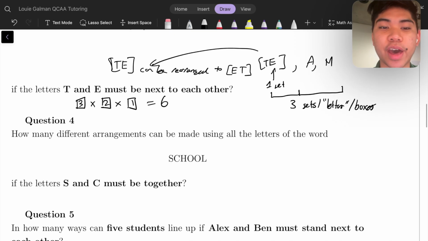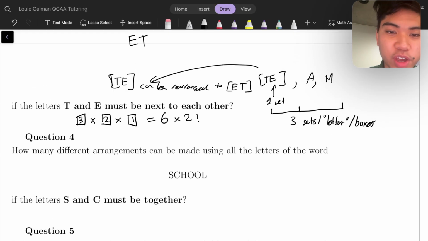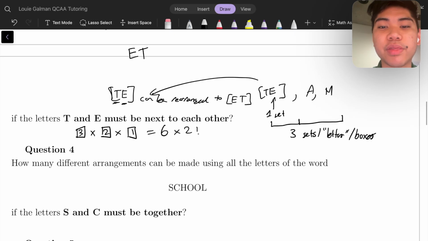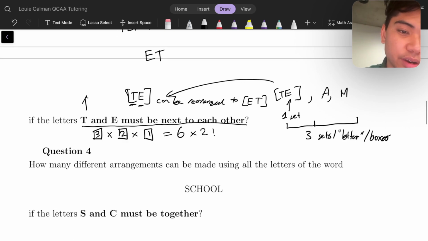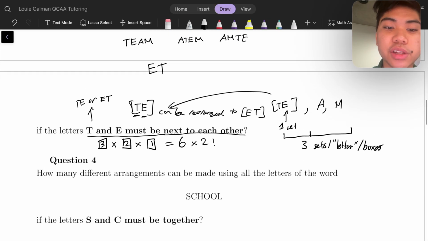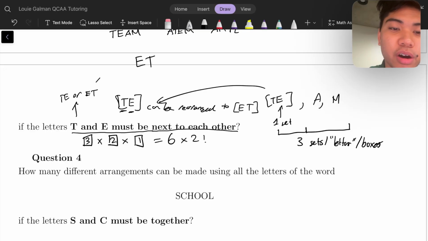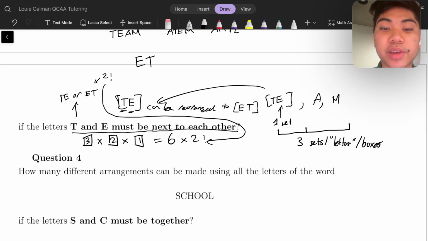So in order to account for that, we basically just do times by 2 factorial, because obviously if we have 2 letters, we can arrange them in 2 different ways, and that makes sense because we have T and then E, and E and then T as our 2 different arrangements for T and E having to be next to each other. So we consider that by doing our 2 factorial and multiplying with our calculations.